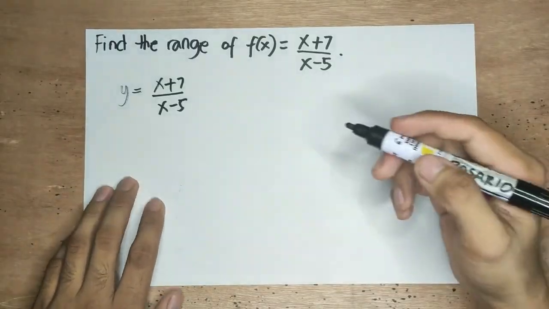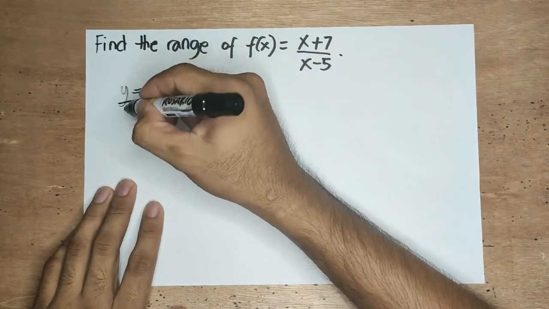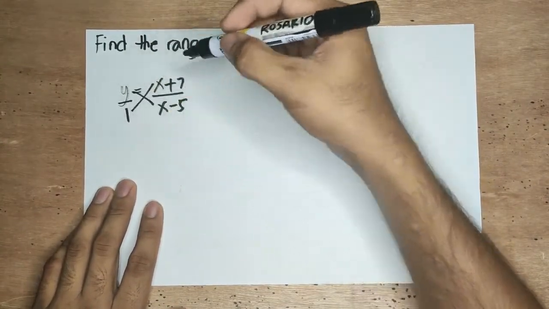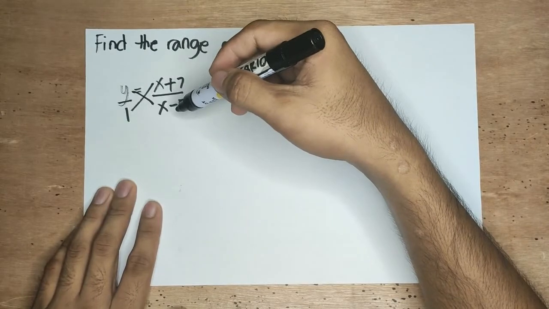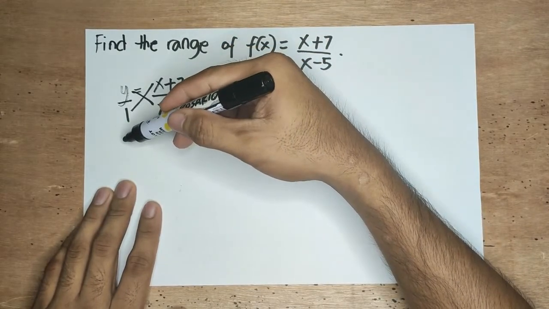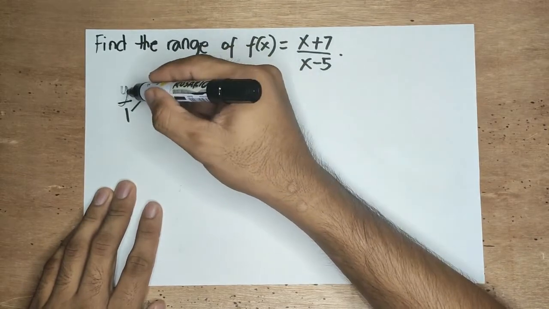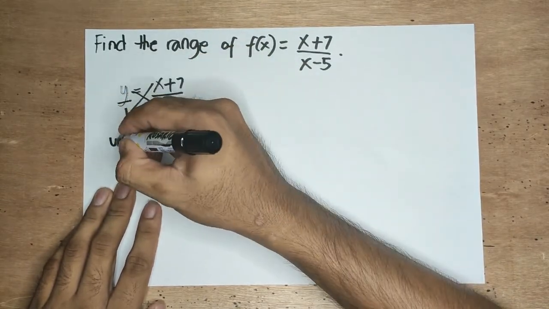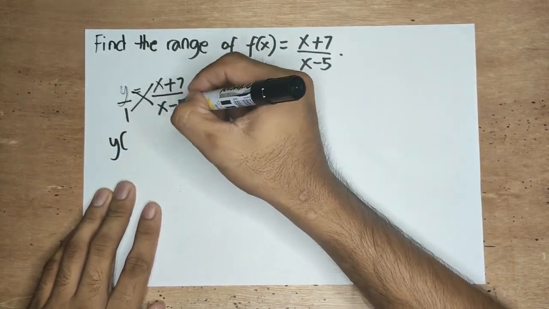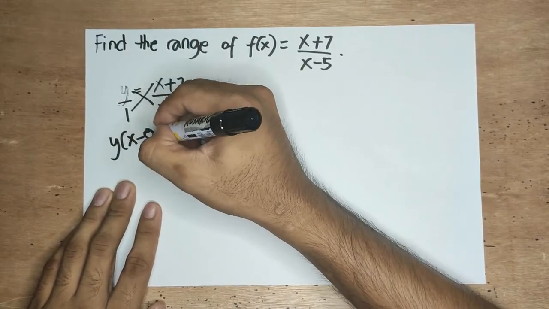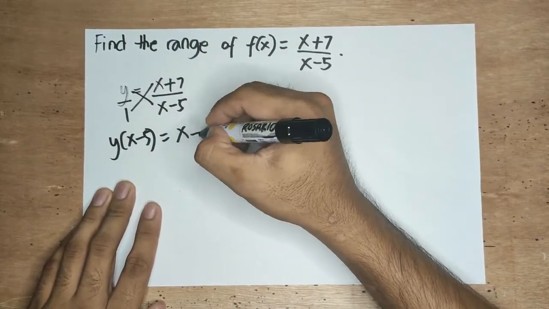And then, understood na may 1 dyan, we cross multiply. Kasi our aim here, ang may iwan dapat sa ating left side ay si x. Okay, so doing so, it will give us y times this one, x minus 5, is equal to x plus 7.